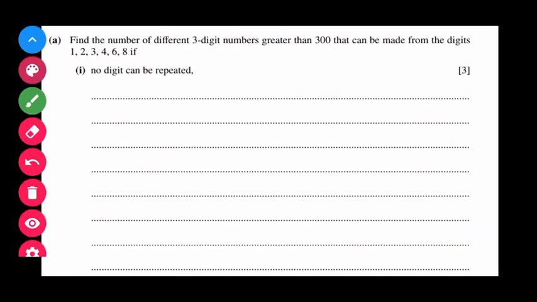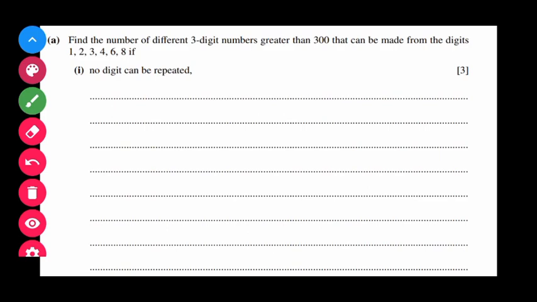Find the number of different 3-digit numbers greater than 300 that can be made from the digits 1, 2, 3, 4, 6, 8, if no digit can be repeated.